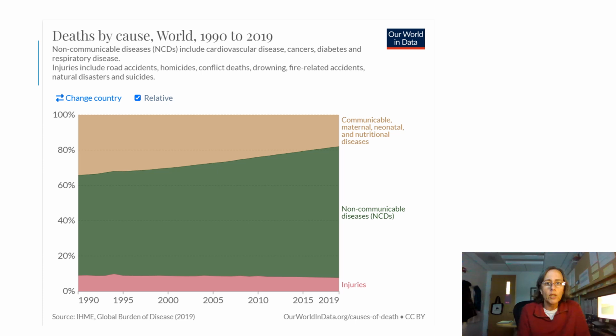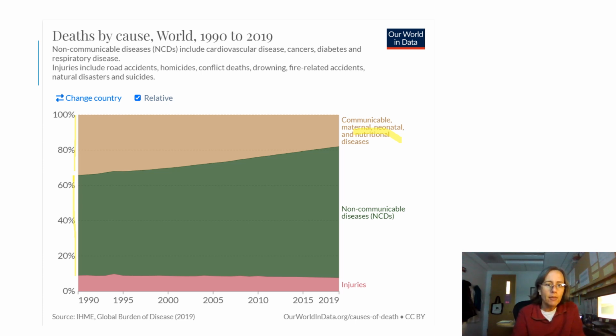If we look historically and worldwide, we will see that in the world as a whole, again, this is just a different way of looking at what I showed you in the beginning with those big colored squares. Non-communicable diseases cause the most death, but communicable diseases, and here they also include nutritional diseases, are a significant contributor.